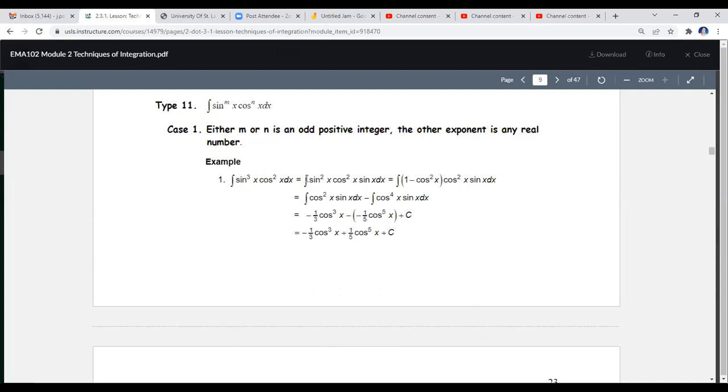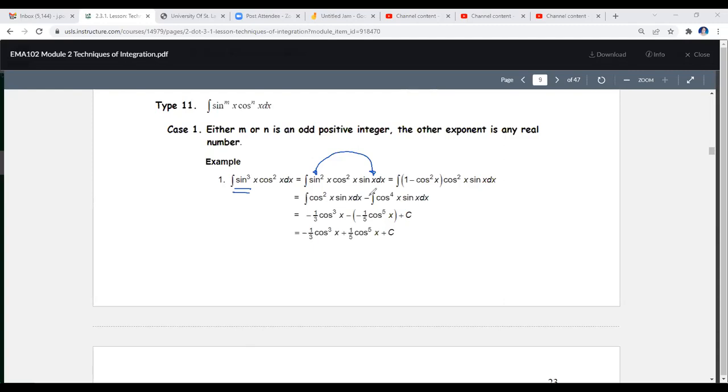So you can see here the sine squared of x and the cosine squared of x, they were put together side by side. The one that was set aside from the sine was written here. If these two are multiplied, the sine squared here and the sine of x here, you will have the original sine cube of x.